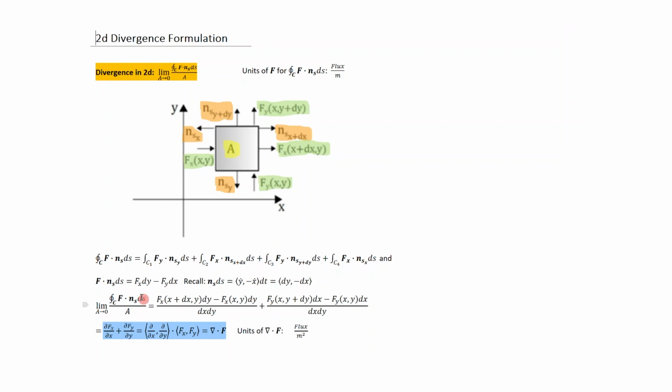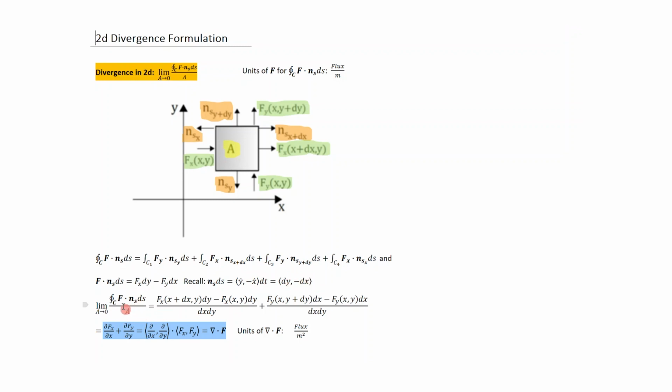Now, we showed earlier that this particular dot product integral can be replaced by fx dy minus fy dx. You recall that when we dealt with contour integrals, we could express the unit normal vector n ds as y dot, x dot dt, or this can also be expanded out in explicit form as dy minus dx. So this would be the parameterized form, this would be the explicit form. We're going to leave it in explicit form.